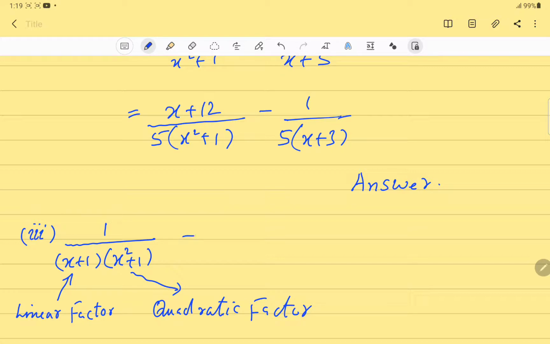In case of linear factor, we will have only one constant in the numerator, so we will write A over x plus 1. And in case of quadratic factor, we will have two constants in the numerator. It will be written as bx plus c.